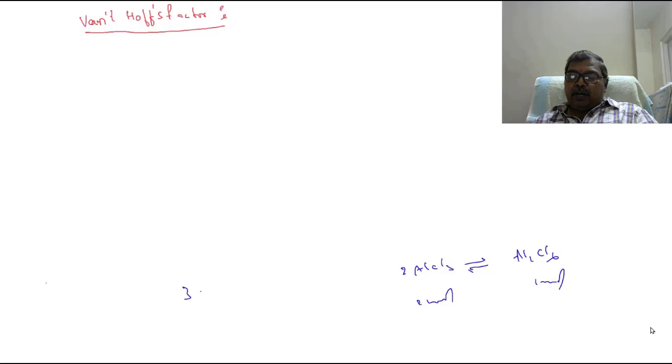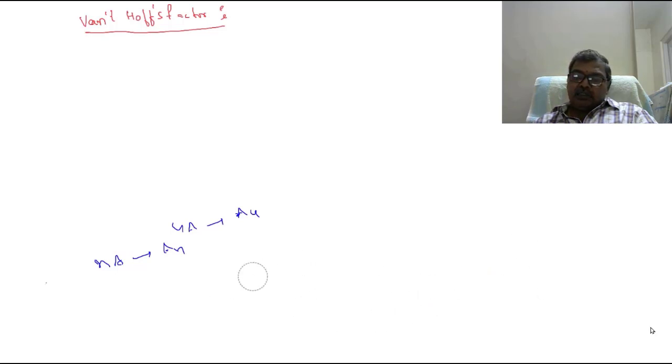If 3 moles of a compound form A3, this is called trimerization. 4 moles giving A4 is called tetramerization. N moles of A giving AN means polymerization. So during association, the number of particles decreases. If the number of particles decreases, then colligative property decreases and molecular weight increases. Right?